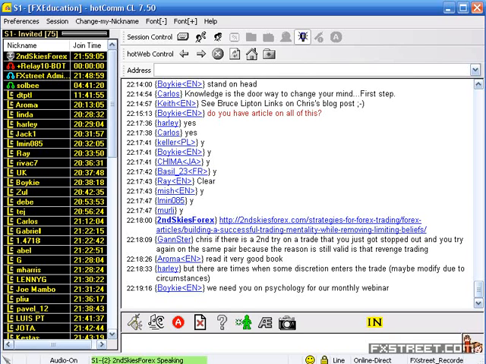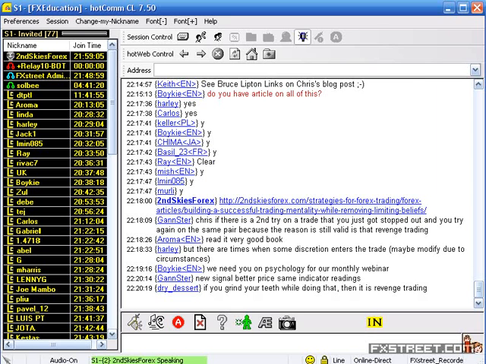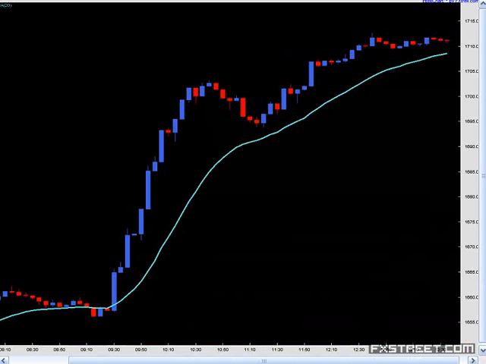So maybe I don't need your answer on that one, because maybe I was able to answer all the scenarios. But the bottom line is that if you get a completely new signal, then that second trade is not revenge trading, because you're following your system. Your system gave you a new signal. You're following all your rules. Same indicator readings, that's fishy.